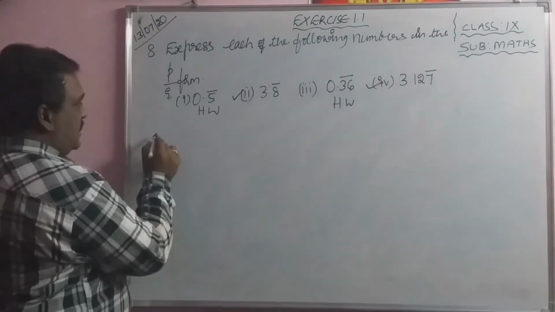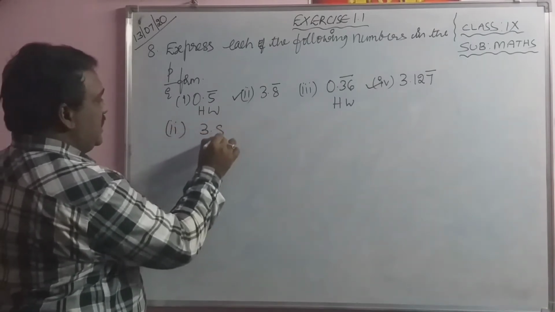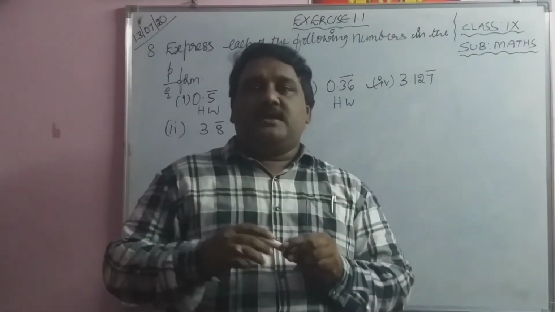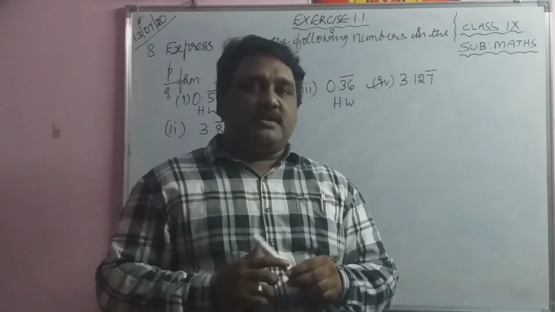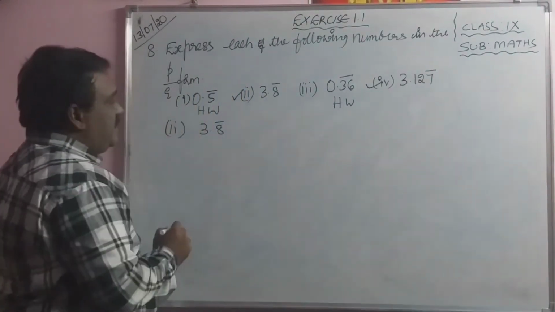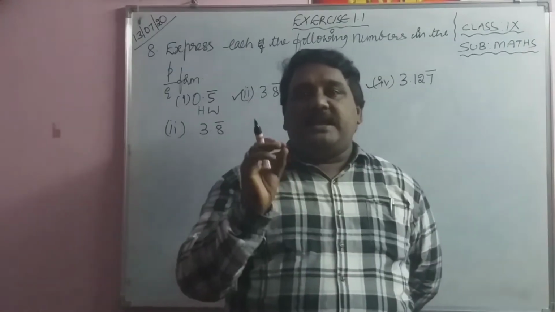What is the second sum? Second one is 3.8 bar. What is the meaning of 3.8 bar? 8 is repeating. You know what bar is? Repeating. So what is 3.8 bar? It is a non-terminating repeating decimal.